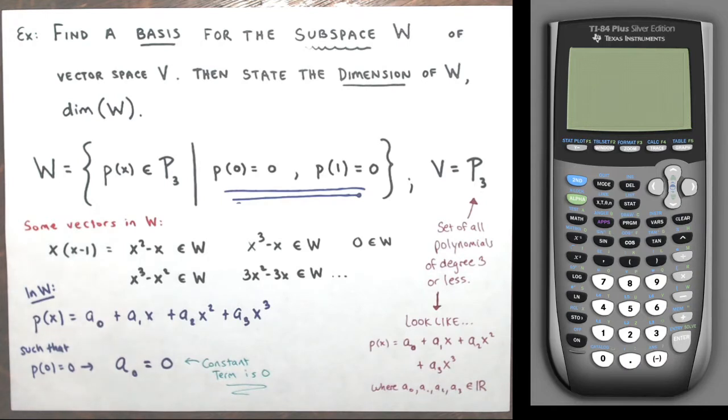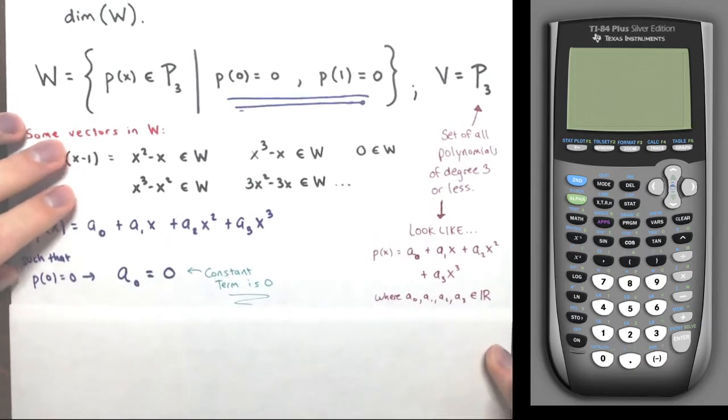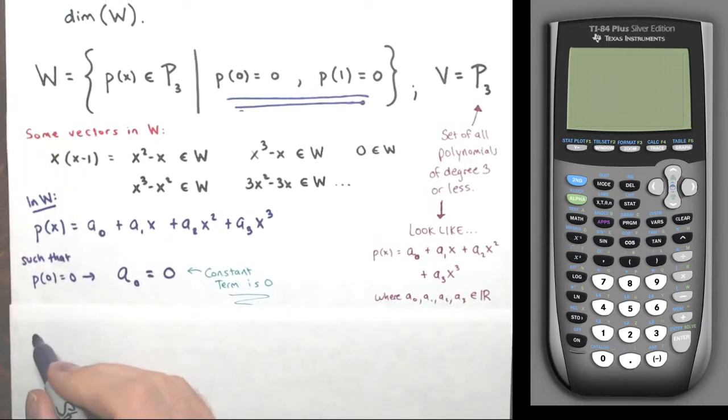But not only does this polynomial of degree 3 or less have to satisfy that first condition, it also has to satisfy the other condition: the value of p at 1 is also 0.